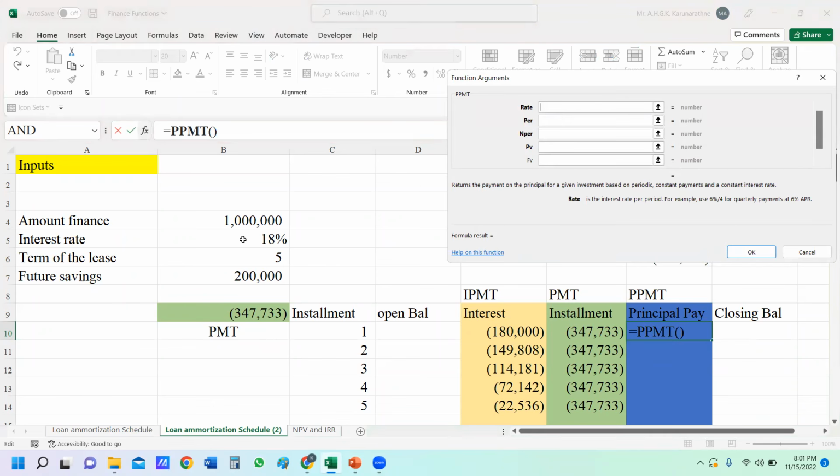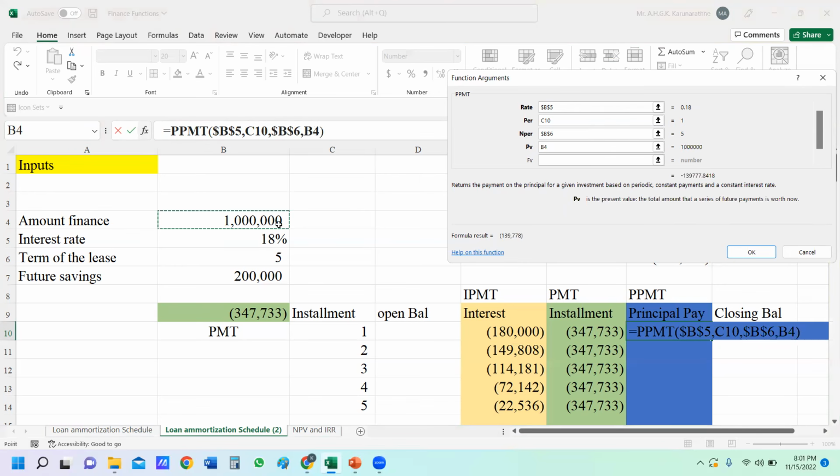Okay, rate 18%, make it constant. PER, the relative period. NPER, the number of installments, and make it constant. Absolute value. Present value of the loan, make it constant.